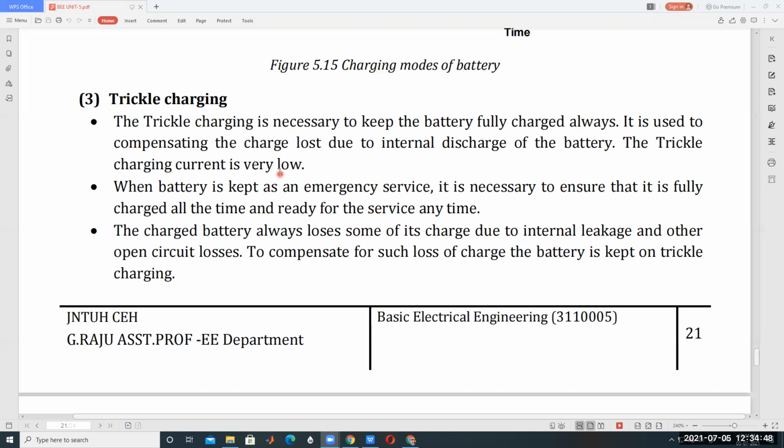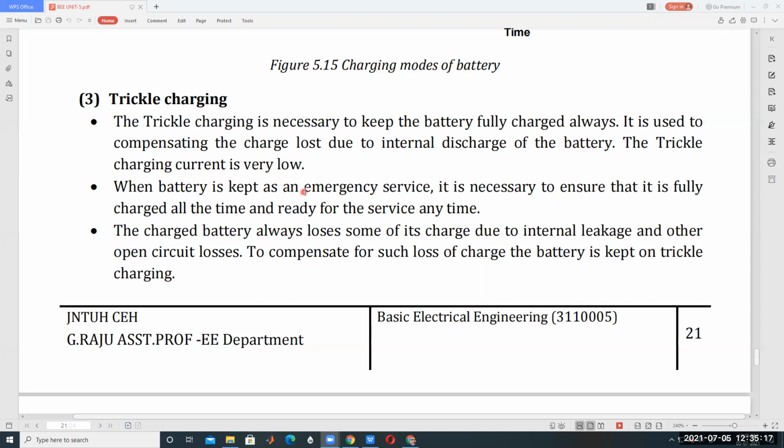Otherwise, if the current is suddenly increased or decreased, fed to the battery, there may be damage. That's why the trickle charging current is kept very low, so the battery is not damaged.